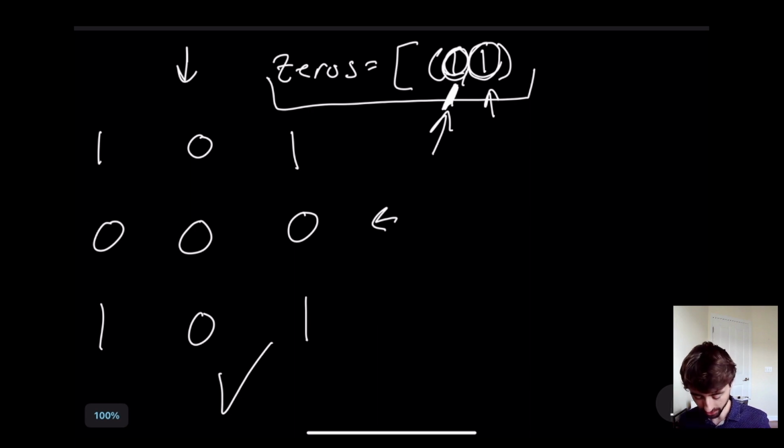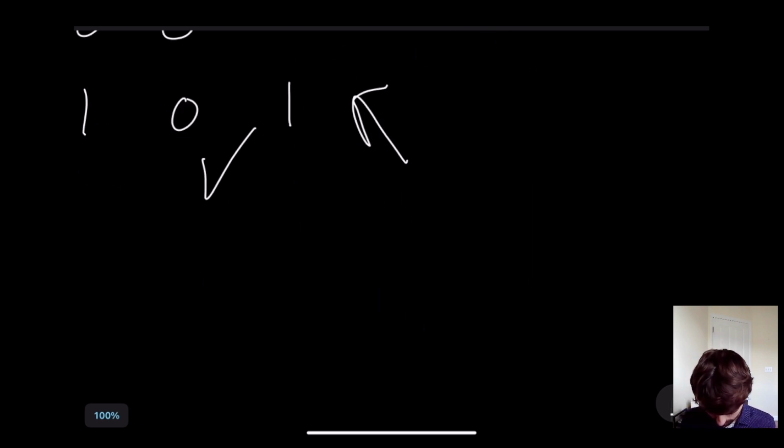So I also wanted to think about a solution that would allow us to solve the problem without using any extra arrays to keep track of where all the zeros are. What I'm saying is, I think we can keep track of what rows and columns have zeros in them using the matrix itself and nothing else. So let me show you how I think we can do that.